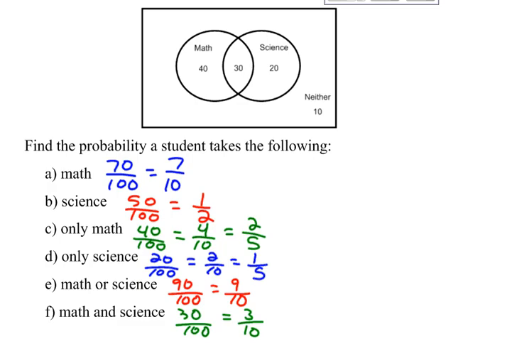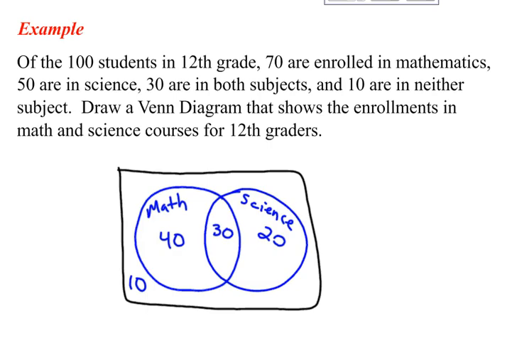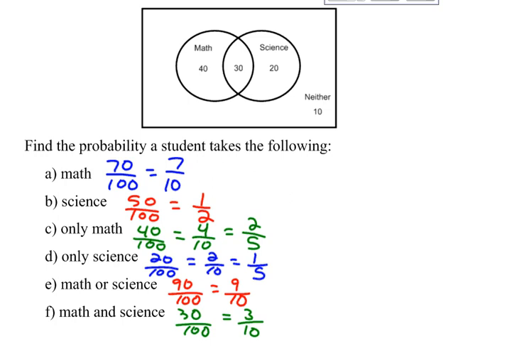Let me show you here again, where we knew that there were 70 students enrolled in math, 50 in science, and 30 in both, right? So what we did in this example is we used the Venn diagram, which was a visual representation of how the students were split up.